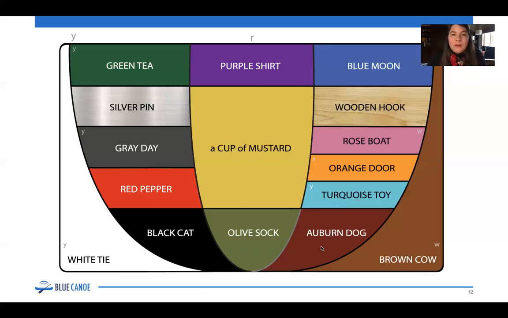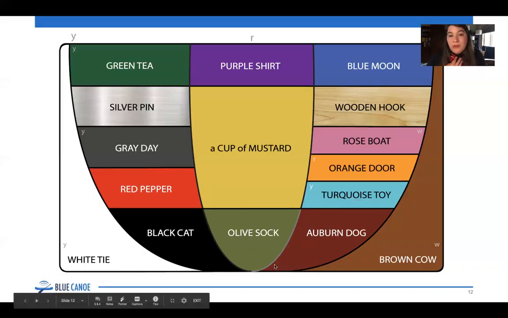Any word that a native speaker from New York says with Auburn, you can use olive sock, and you will be understood perfectly. So that's why there's a gray line here, and that's why I don't use Auburn dog. I don't say Auburn dog in my dialect. I always say olive sock, okay?